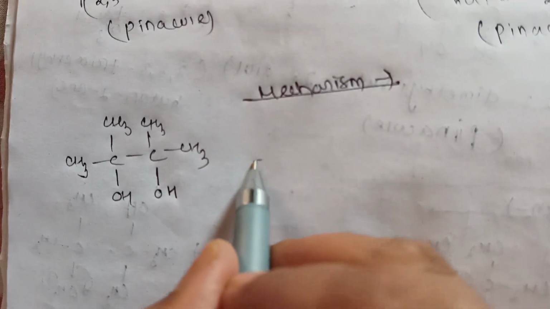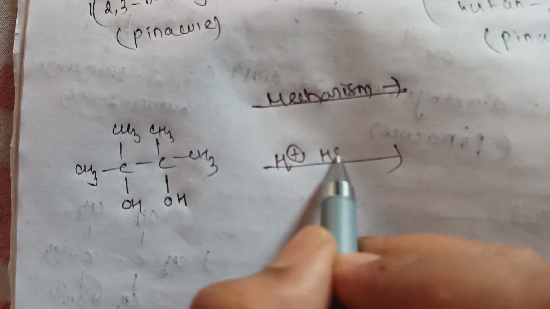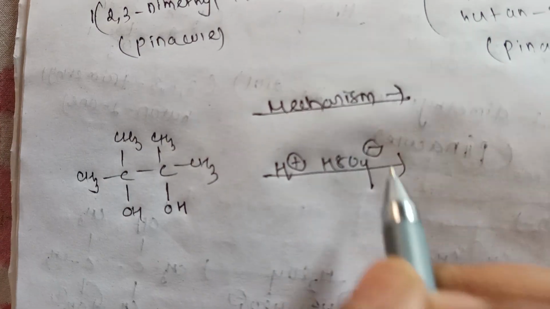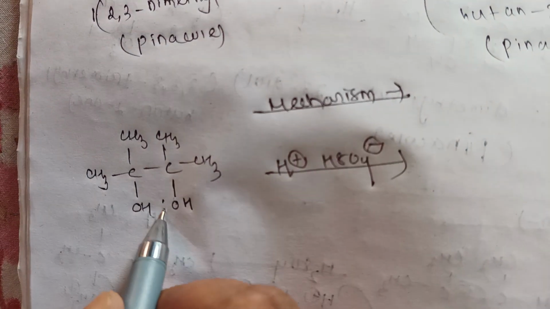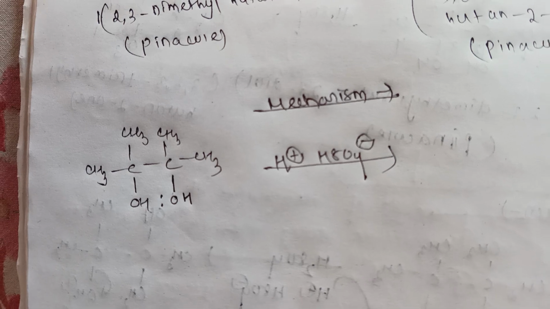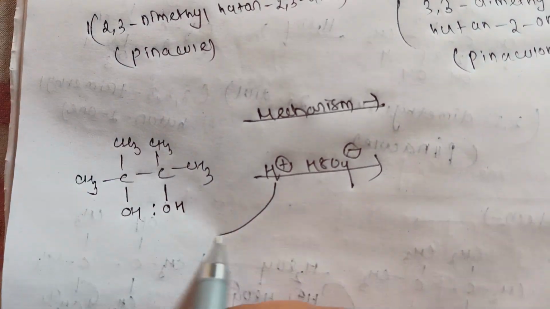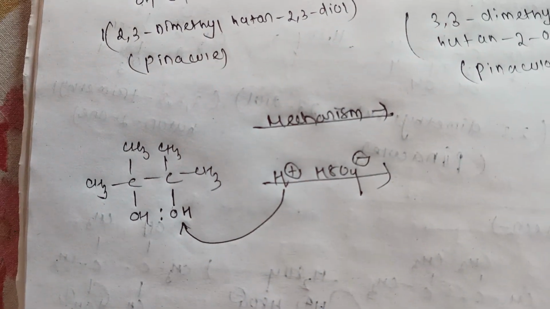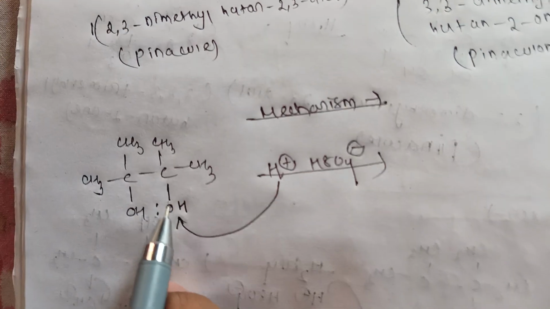Now I have taken acidic media, so when H2SO4 breaks, it forms H plus ion and HSO4 negative charge. Now the oxygen has lone pairs of electrons. We all know that oxygen contains lone pairs of electrons. So the H plus will attack here, or it will be attracted towards the oxygen because it has lone pairs of electrons.